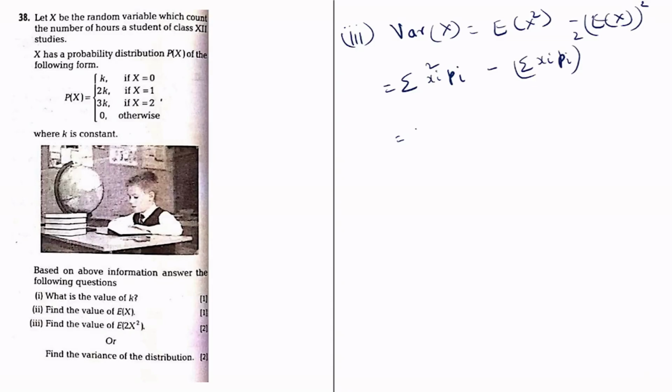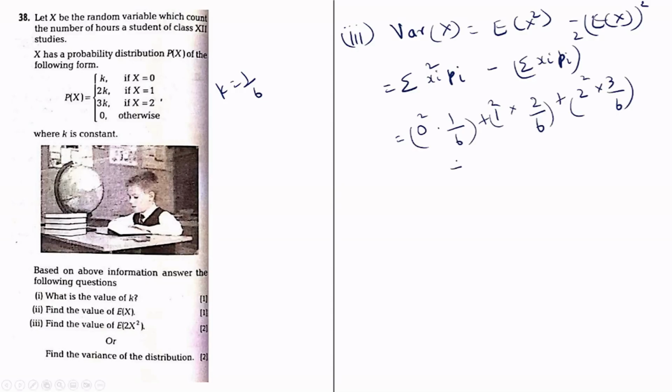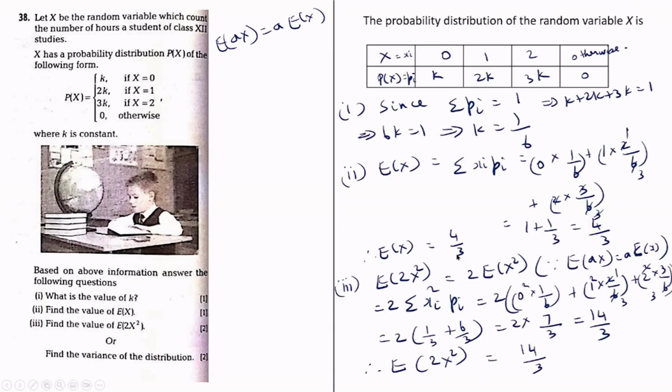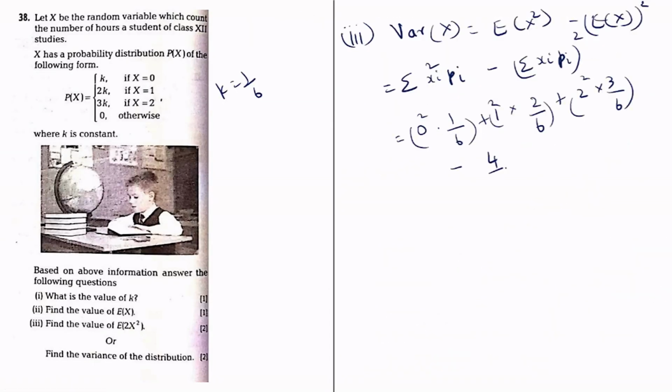So this is summation xi square: 0 square into k, which is 1 by 6, plus 1 square into 2 by 6, plus 2 square into 3 by 6, minus summation xi pi, we already got expectation of x, it is 4 by 3, minus 4 by 3 the whole square.